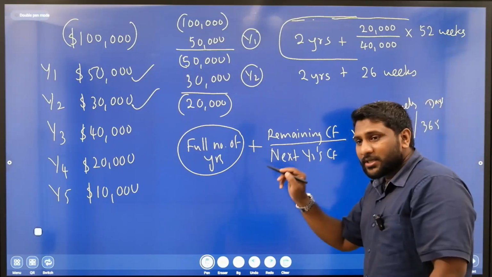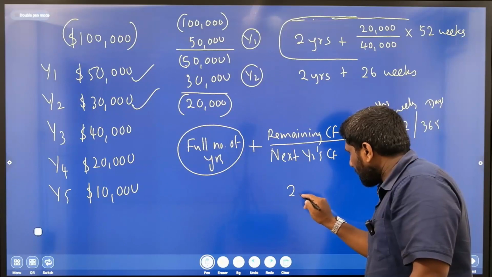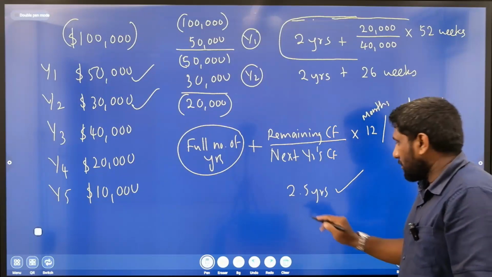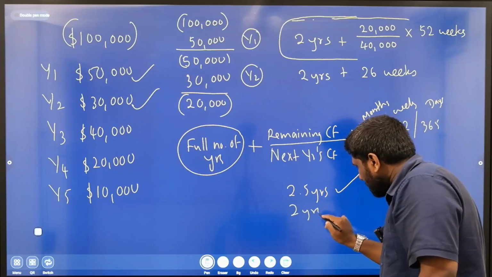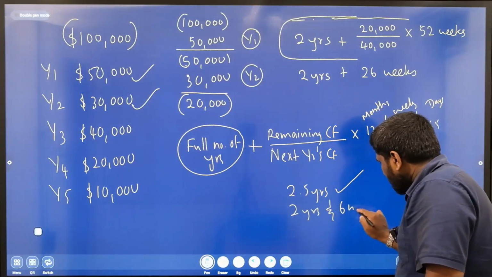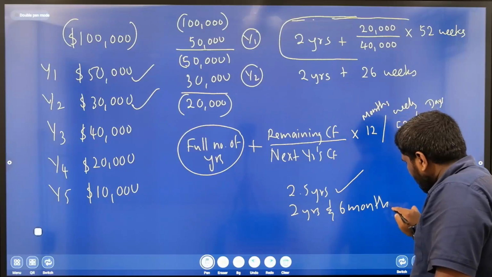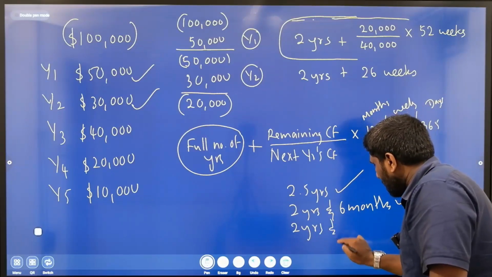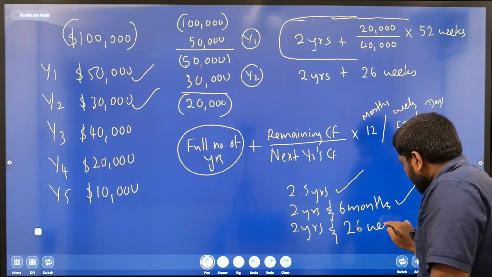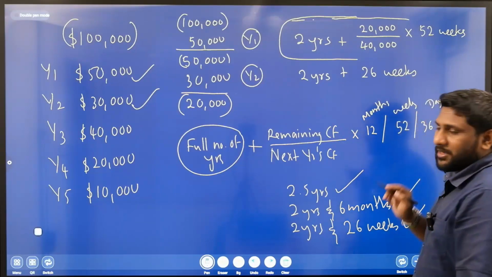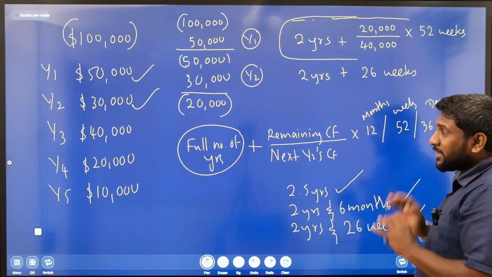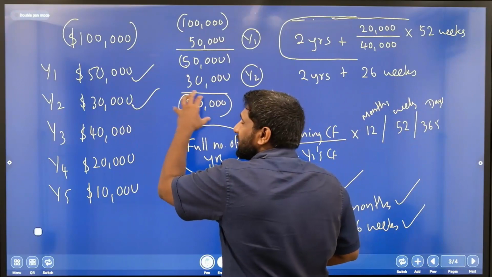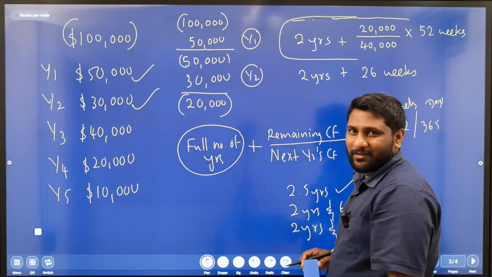So for this question, you can write the payback period 2.5 years. Is it correct? Yes. 2 years and 6 months. Is it correct? Yes. 2 years and 26 weeks. Is it correct? Yes. Now in this question, this calculation is easy actually.